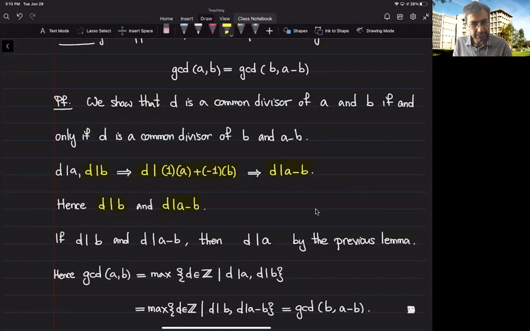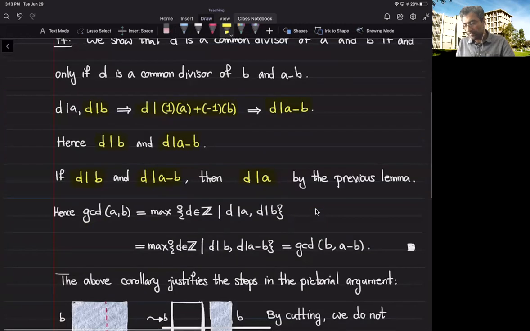Now let's go the other way around. Now suppose D is a common divisor of B and A minus B. I want to show that it is a common divisor of A and B. It is already a divisor of B, so it's enough to show that it is a divisor of A. But this we have proved in the previous lemma. We show that if D divides B and D divides A minus B, we can add them up. We see that D divides A. So D is a common divisor of A and B.